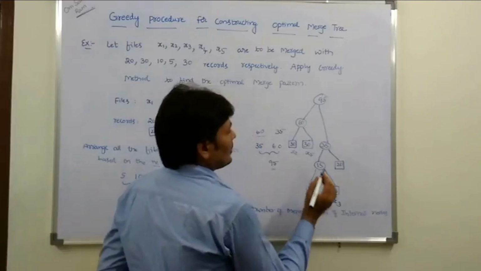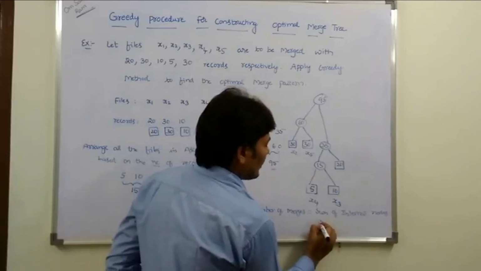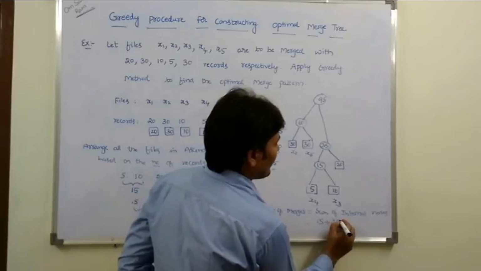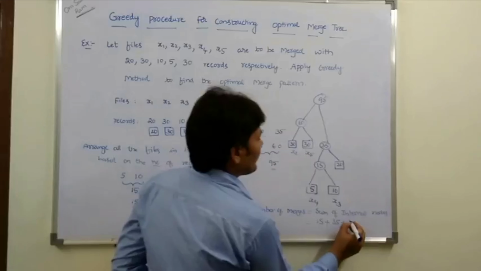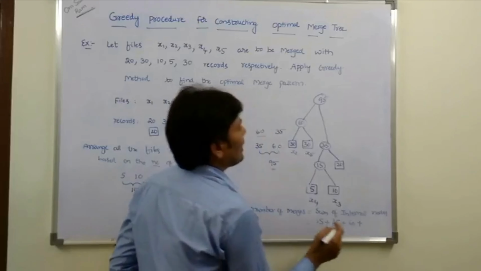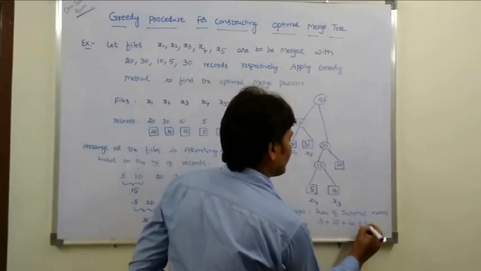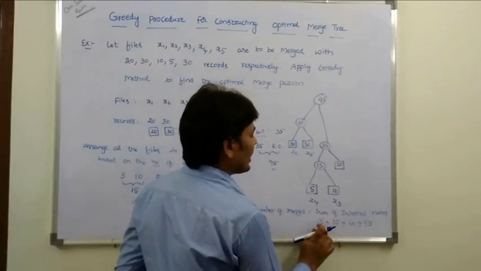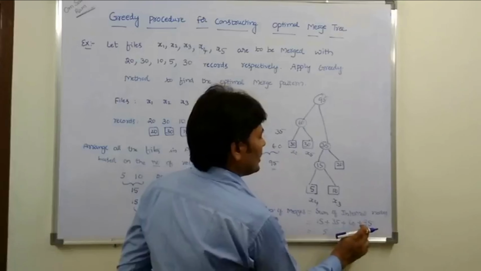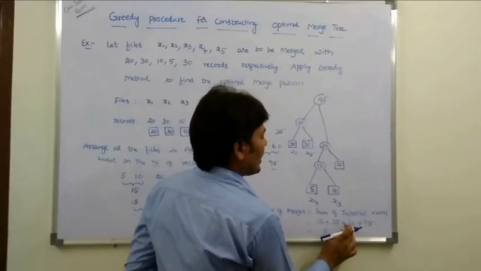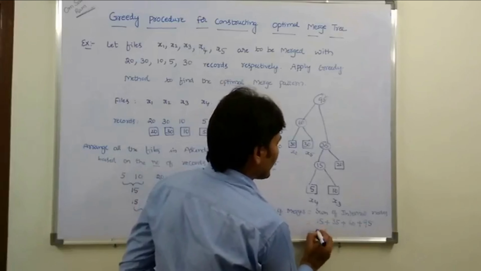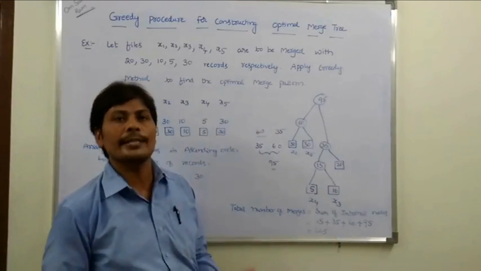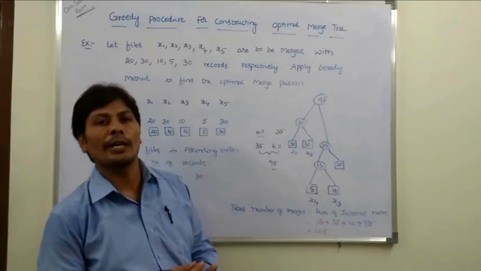So 15 plus 35 plus 60 plus 95. Now we are getting 5 plus 5 is 10, 10 plus 5 is 15, then 35, 60, 95. So that is 205. So the number of merges required is 205.